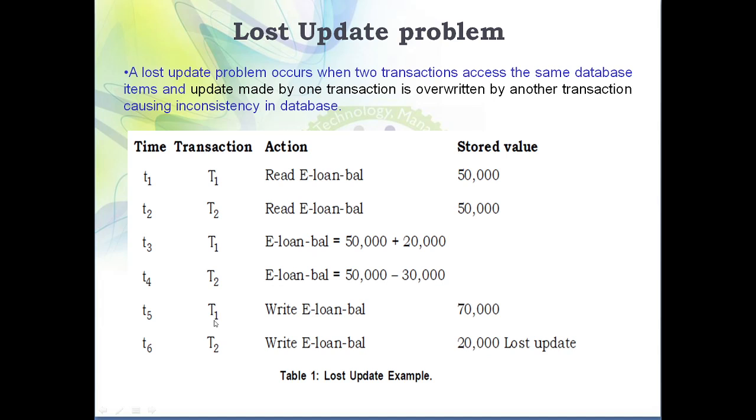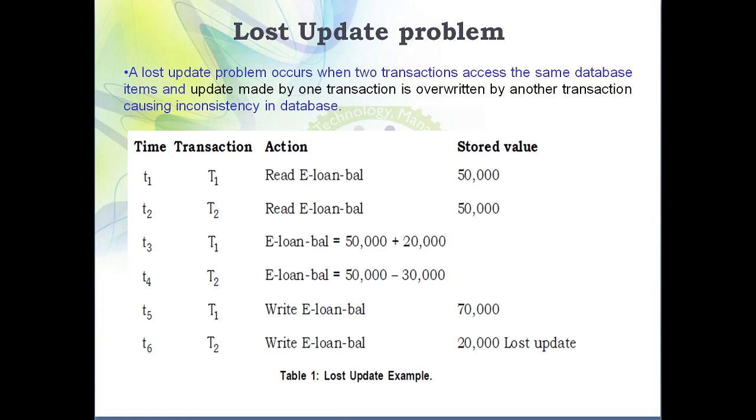Here we expect that T2 has to read the value 70,000, but T2 is reading the value 50,000, because the changes made by transaction T1 are overwritten by T2. T2 is not reading the changes made by T1, but is reading the stale value of that particular account.